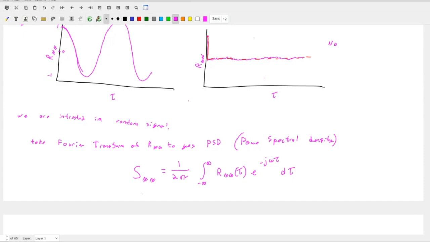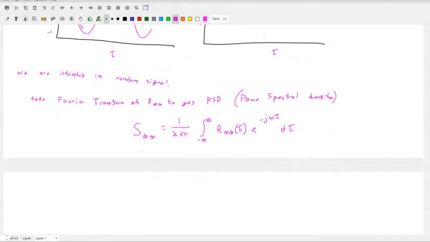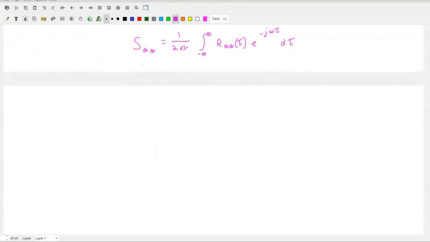So let's go ahead and take our PSD for our two plots. Let's take the power spectral density of our two plots, right?